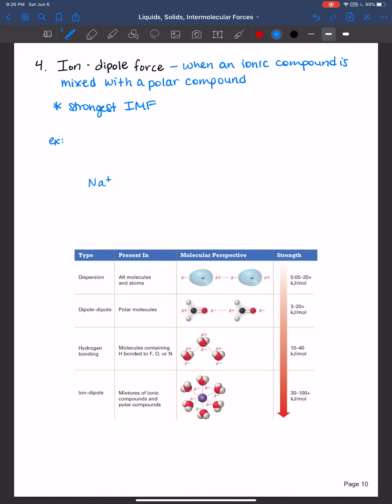Sodium in water breaks up into a cation, and the water molecules surround it such that the oxygens are facing towards the sodium. And why do you think that is? Good. Hopefully it's because you said that opposites attract one another. Oxygen's more electronegative than hydrogen.